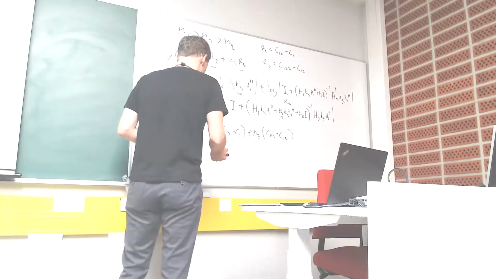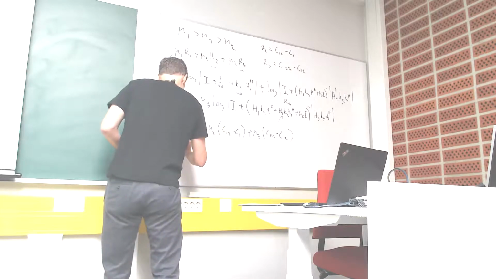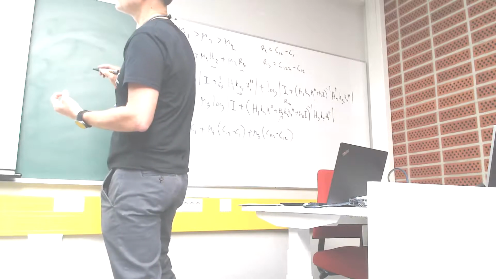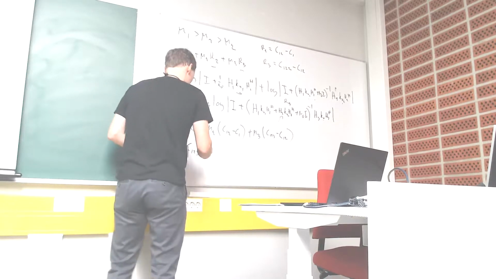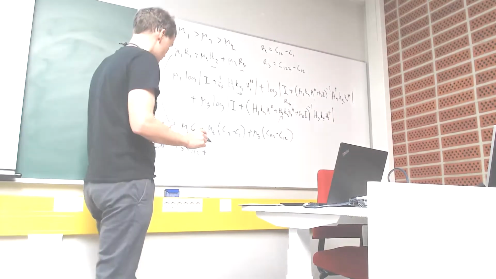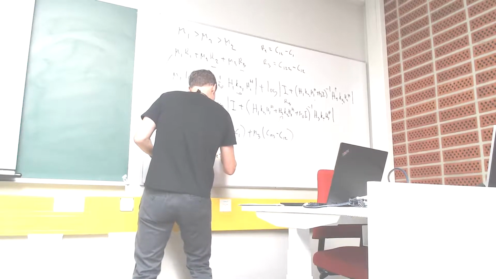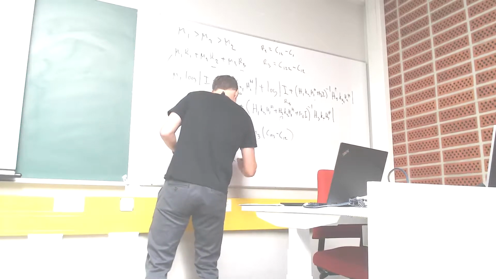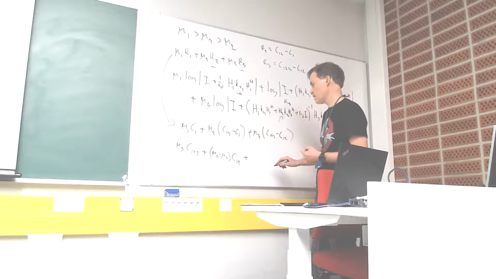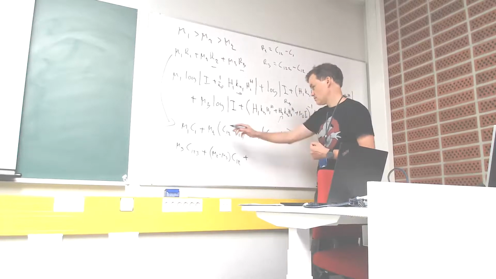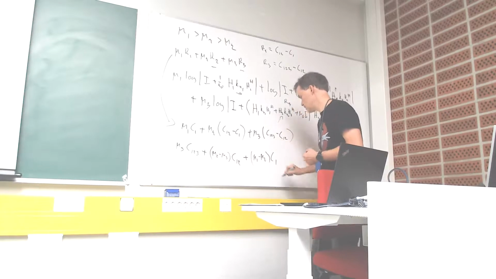And rearranging the terms, we get mu3 times C123 plus (mu2 minus mu3) times the sum capacity of users 1 and 2, plus (mu1 minus mu2) times C1.